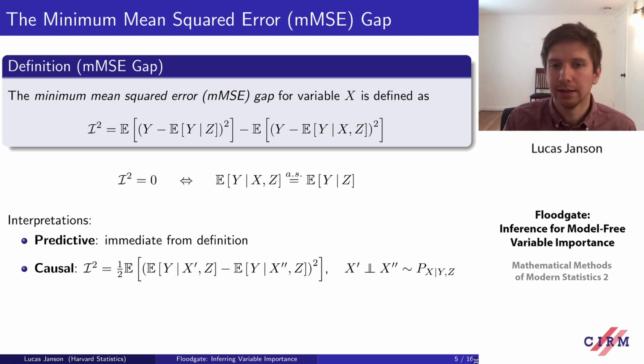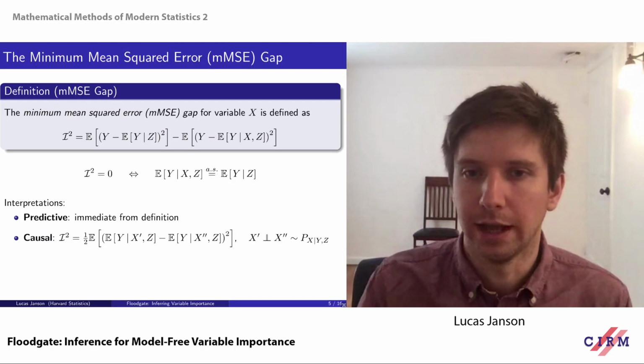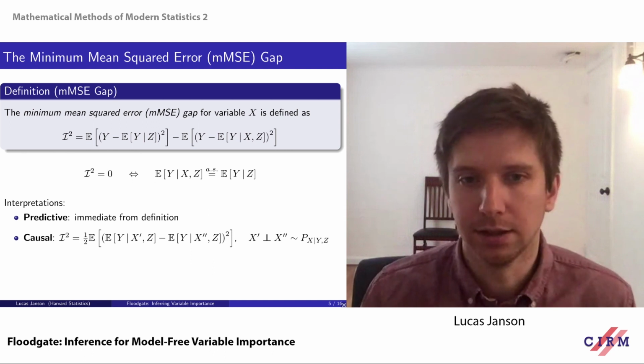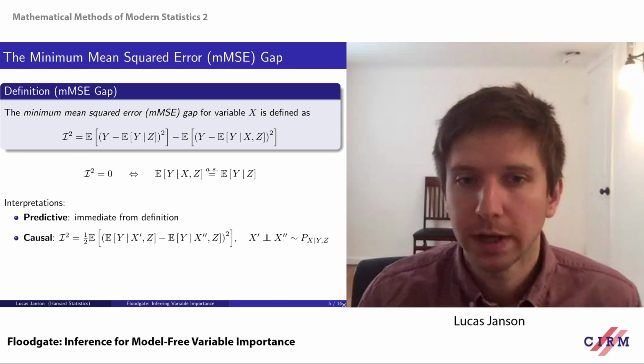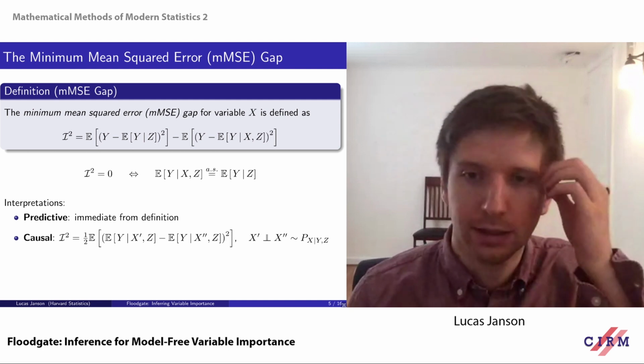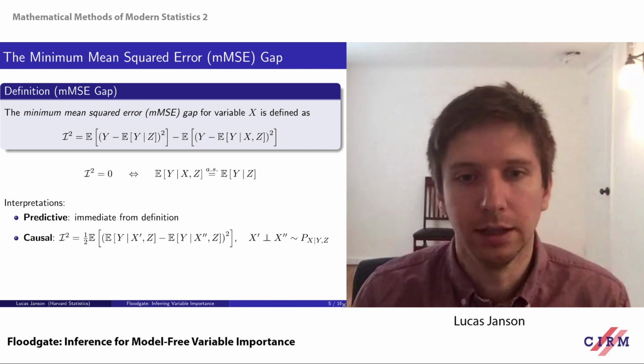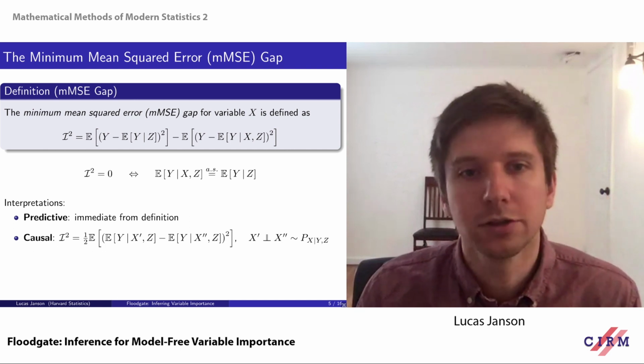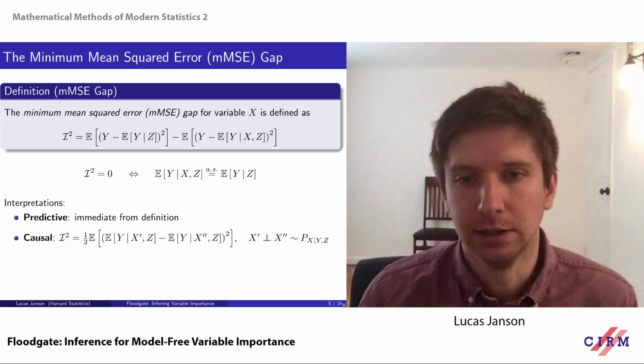I then think of observing their 2 potential outcomes, and those will be the y's in this expectation. And the squared difference between those in expectation over z and the 2 x's is exactly the causal interpretation of the MMSE gap.